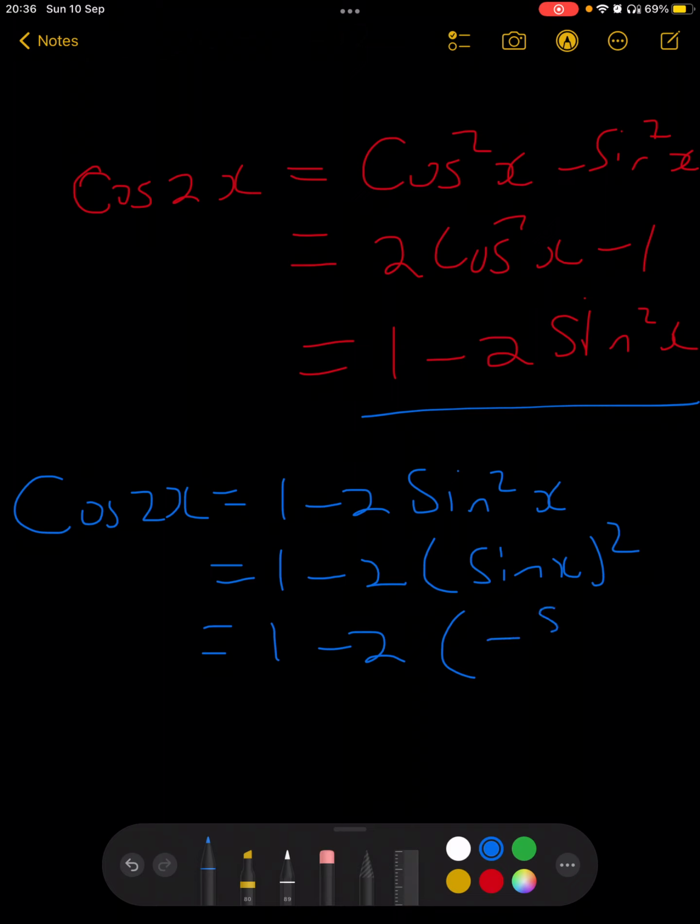So it's negative 5 over 13 squared. Now the square of minus 5 over 13 will give us 25 over 169.